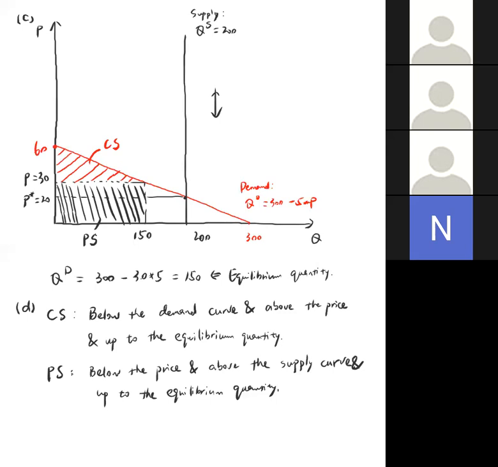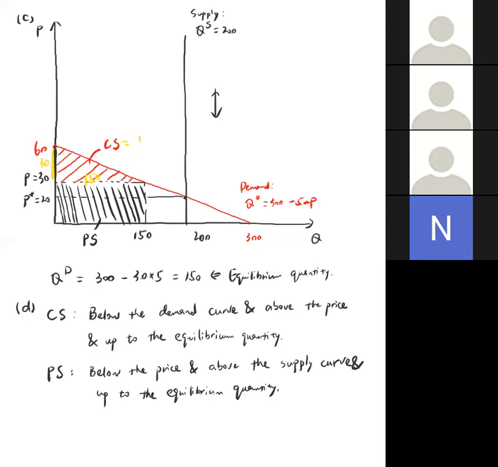And next, yeah, so this is all for consumer surplus and producer surplus. And if you want to calculate the area, it's also quite straightforward. For consumer surplus, I'll just use a yellow line. For this part, it's 30, and for this part, it's 150. So it's easy to calculate consumer surplus, although it's not asked.